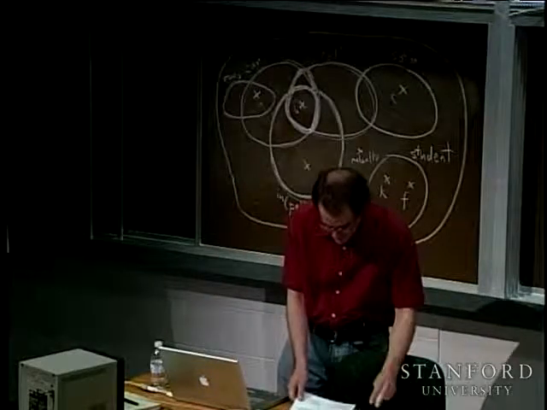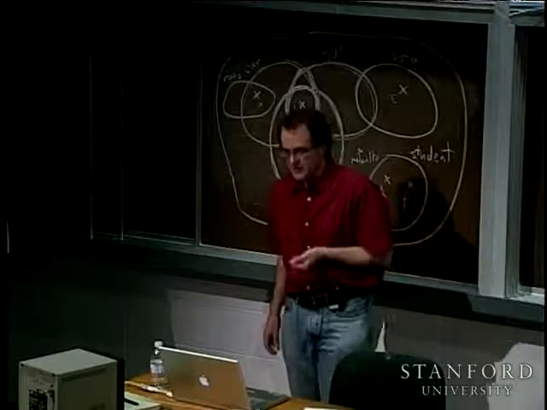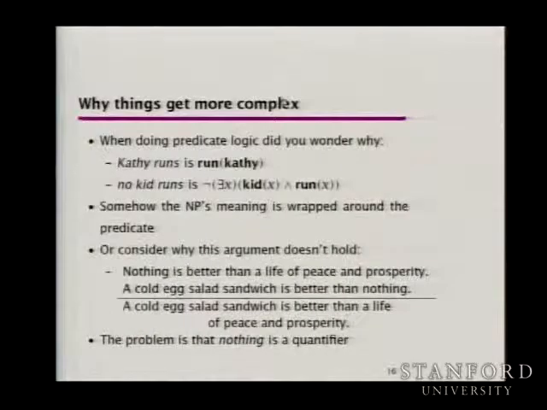Okay, so all's good until now, but unfortunately natural languages get a bit more complex than what we've done so far. I don't know if this ever troubled any of you when you did a baby logic class, but when you think about how people translate English into logic, something fundamentally weird happens.